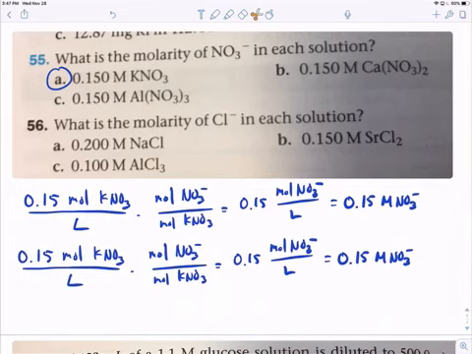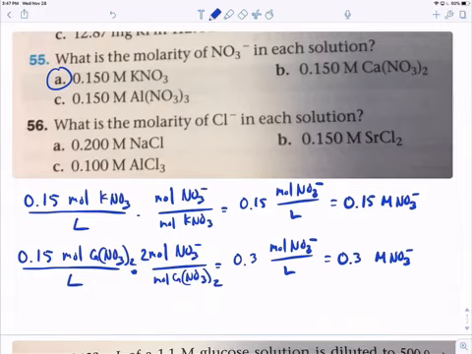So still the same. For calcium nitrate, part B, there's 2 moles nitrate ions per mole of calcium nitrate because there's a 2 here. Okay, and then you get it that way.